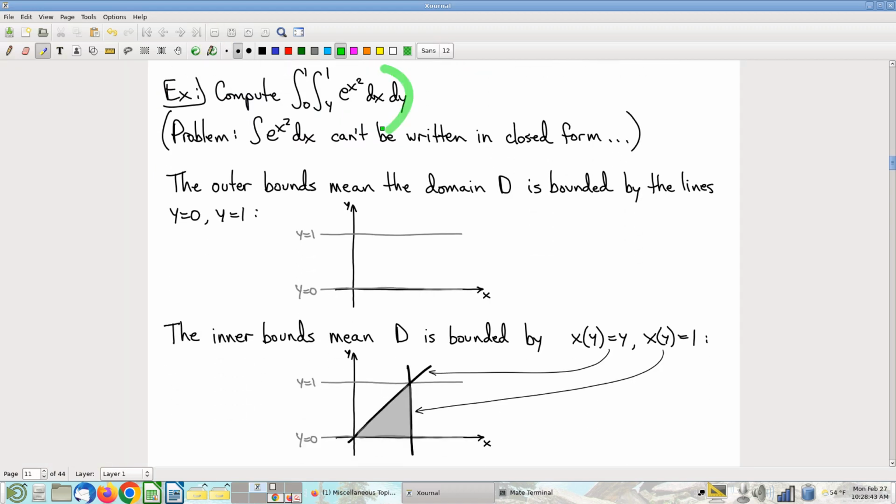So this says y goes from 0 to 1. There's y equals 0, there's y equals 1. That must be where my first and last slices on my domain are as I slice in the y direction.